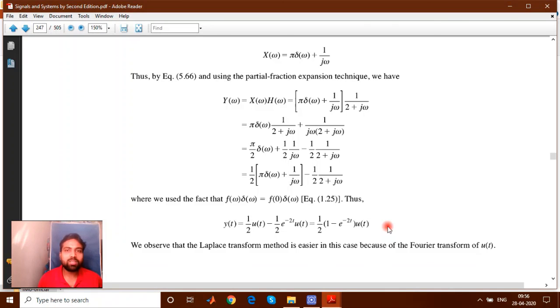Among these three, whichever one is not known, with the help of this equation you can easily find out. If H(s) is not given, you can find Y(omega) upon X(omega). If H(omega) is not available and it is asked of you, then Y(omega) upon X(omega). If X(omega) is asked, you can easily find it by dividing Y(omega) by H(omega). Similarly, and so on. So this is basically the process to find out.